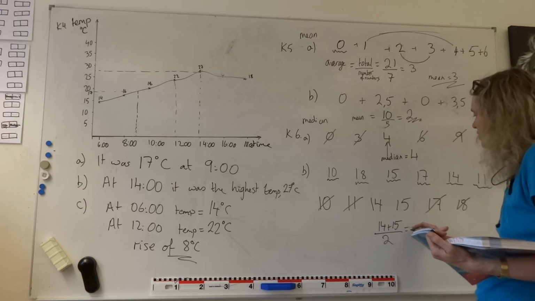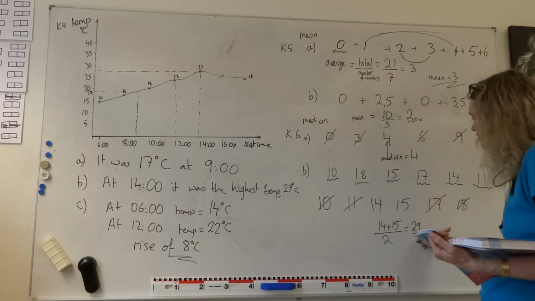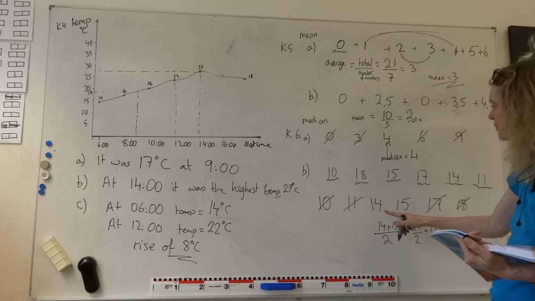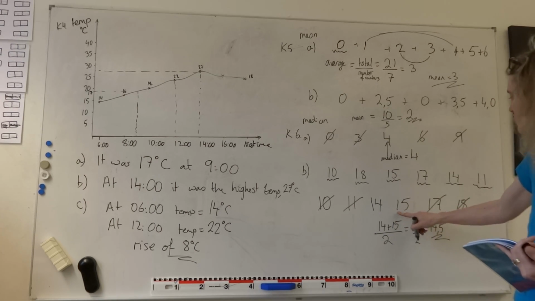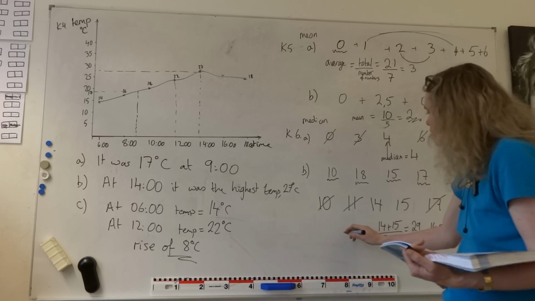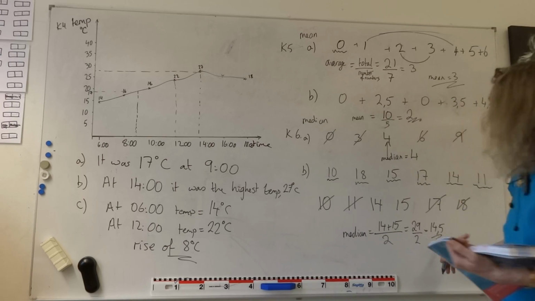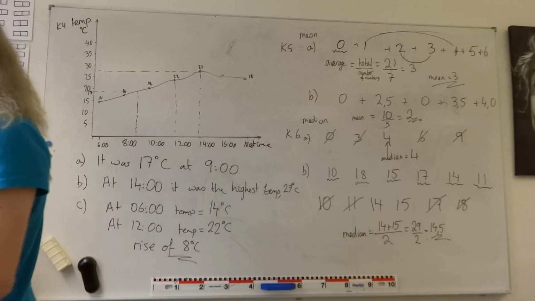That would give us 14 plus 15, giving us 29. 29 divided by 2 is 14.5, which is what we would expect. The number exactly in the middle of 14 and 15 would be 14.5. So the median of these numbers is 14.5. And that's how we would do those questions.